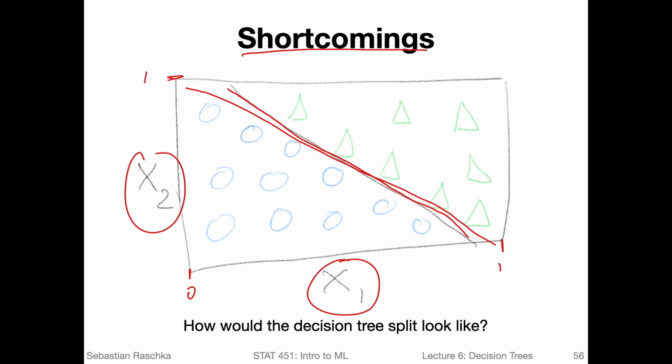And then I could write down a rule like: if 1/2 of x1 plus 1/2 of x2 is greater than, let's say, 0.5, then class triangle, otherwise class circle. So if I have something like this, I would have a combination of the two features, and I could easily draw this diagonal as the decision boundary.